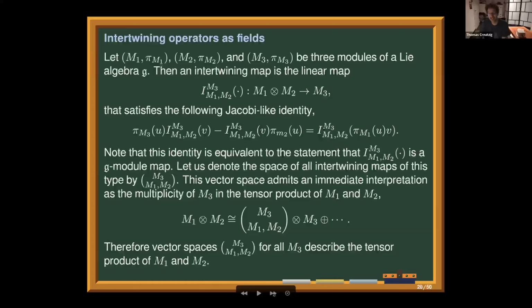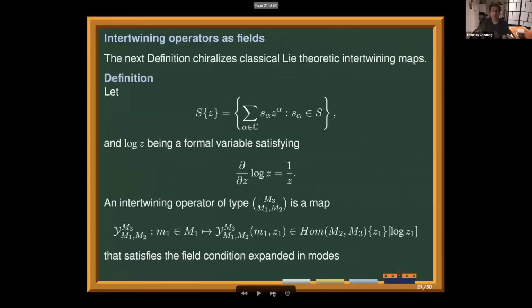And this is the next thing that one wants to do if one wants to chiralize towards the CFT. Now one wants to lift intertwining maps, that is, maps that go between different modules. And one wants to do this because this is really what fields in the conformal field theoretic sense will be. So if one formalizes it, one defines this curly bracket Z to be just power series again, but now one allows any complex exponent for z. Before, we only allowed integral ones.